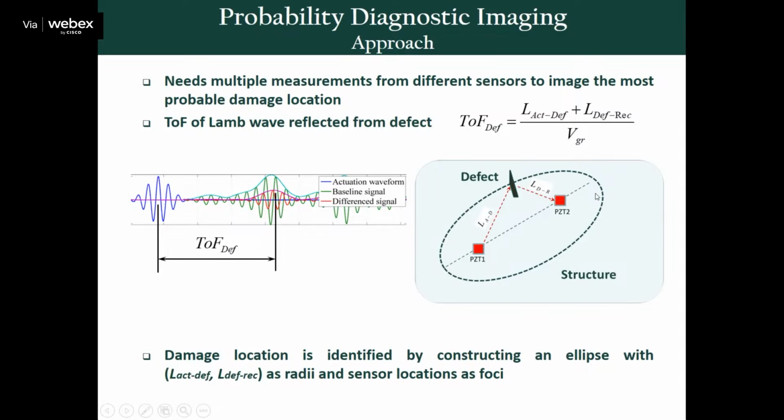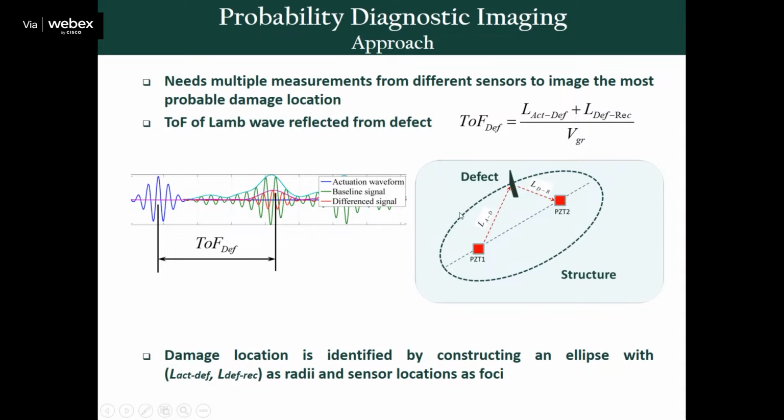With the mathematical knowledge we know about ellipse, if the defect is at any point on those dashed lines, the distance, or the radius here, L actuator to defect and L defect to receiver, the distance between the defect and the receiver, if you add these two distances together, it's always going to be the same, right?